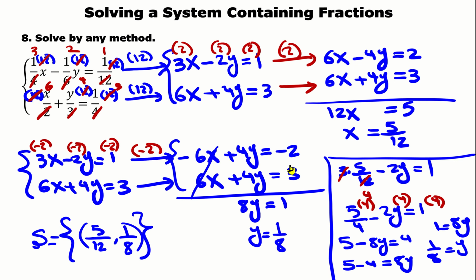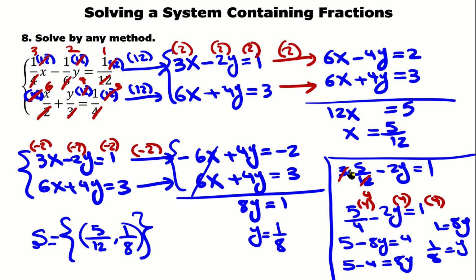I did want you to see this because notice the values here kind of worked out nicely, but sometimes the fraction can be quite nasty, like 357 over 769 or something like that. Now, if you get a fraction like that, you'll definitely want to go with this approach rather than plugging it in.